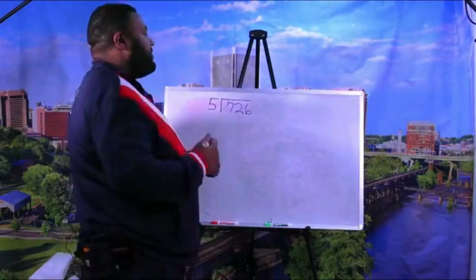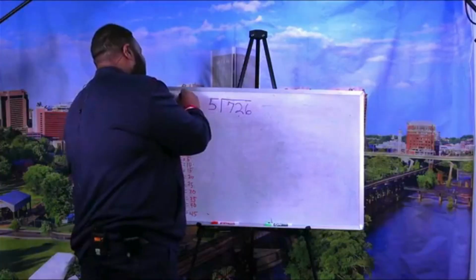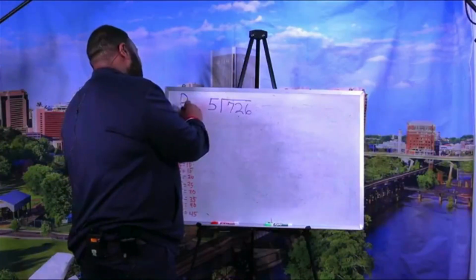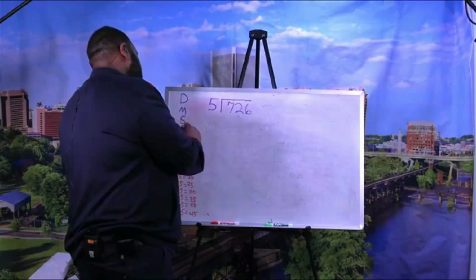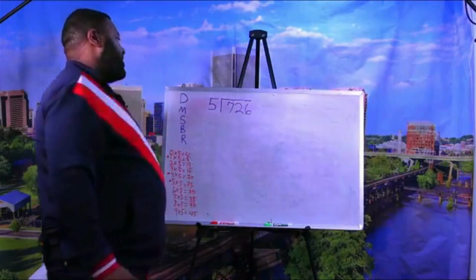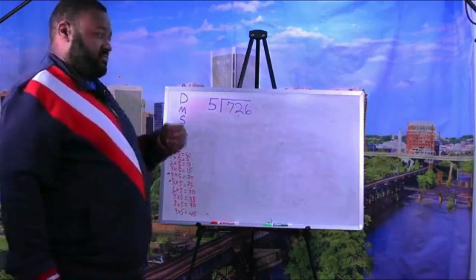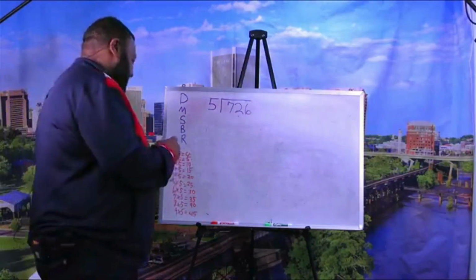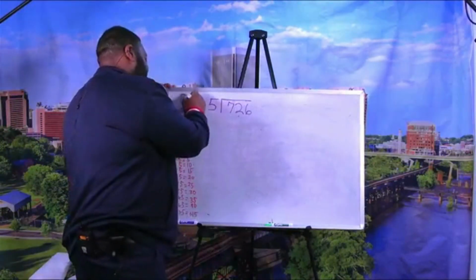All right, what we do, some schools do something they call, does McDonald's serve burgers raw? Does McDonald's serve burgers raw? Okay, that's what we call an acronym. Now, in the acronym, the D stands for actually dividing.